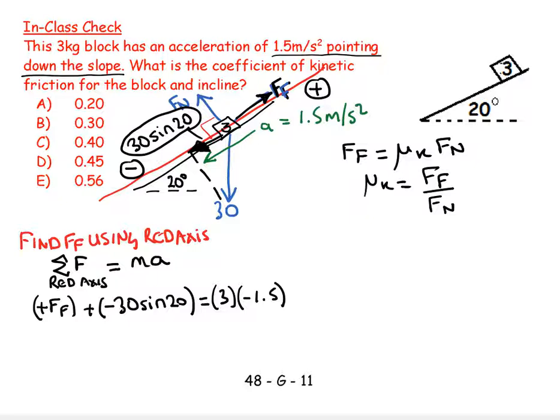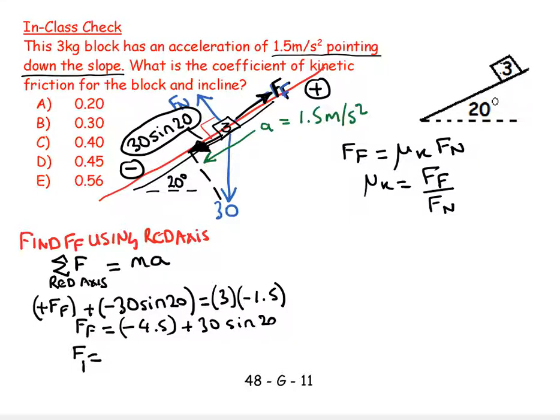So now I say, okay, well in that case then Ff is equal to minus 4.5 plus 30 sine 20, and I can work out what that is.